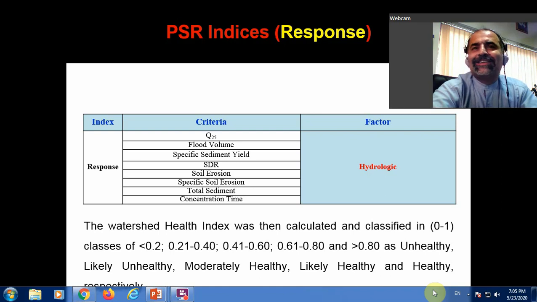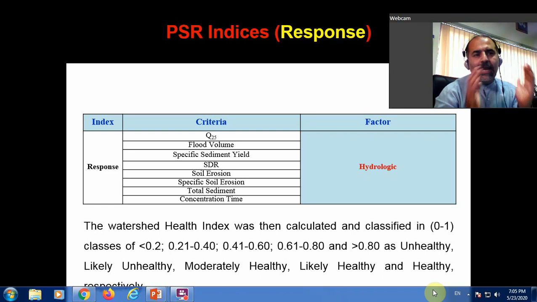And they were characterized as unhealthy, likely unhealthy, moderately healthy, likely healthy, and finally healthy situation respectively.